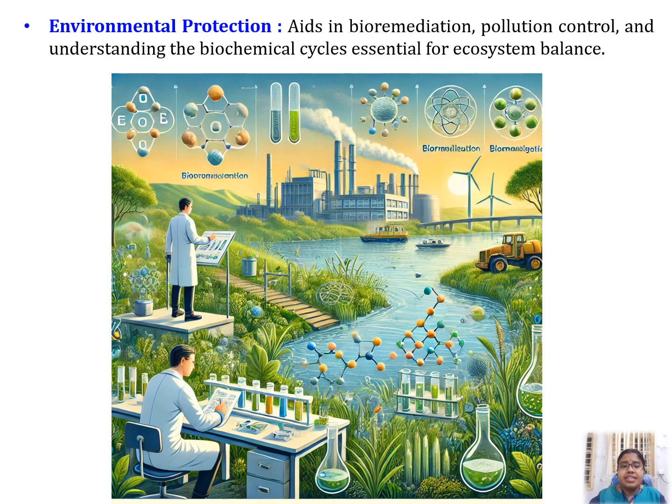So understanding the chemical processes is part of it. Environmental protection is essential for maintaining a balanced ecosystem, and biochemistry plays a crucial role in solving pollution, waste management, and climate-related challenges.